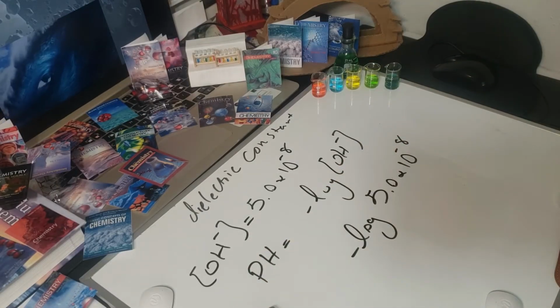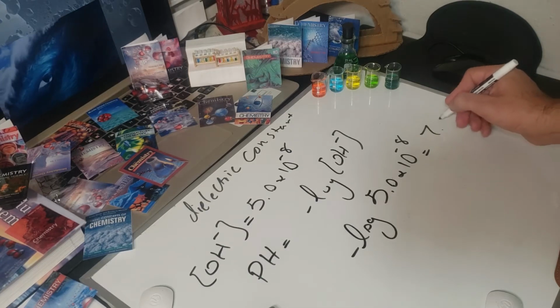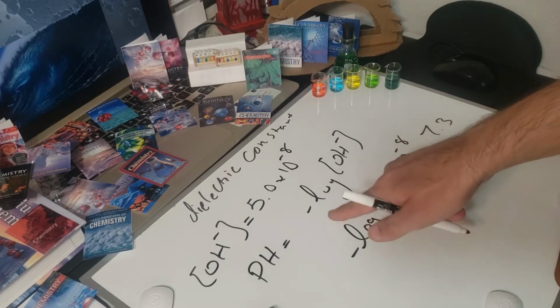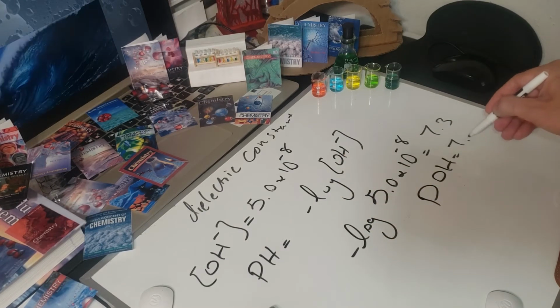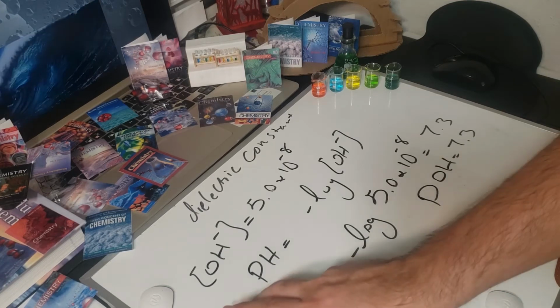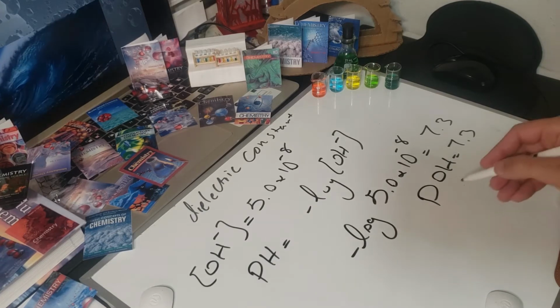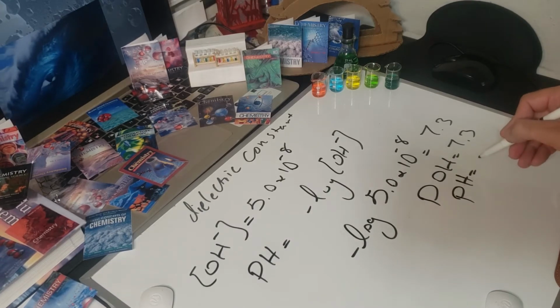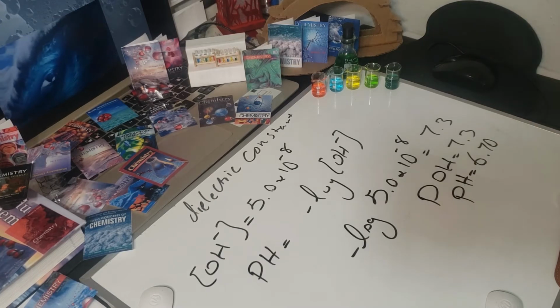So that's 7.3, but this is pOH. pOH is 7.3, so I subtracted from 14 to get the pH, which is my desired one, and that's 6.70. That is my pH, okay?